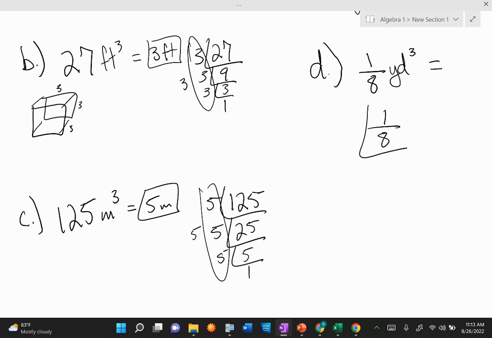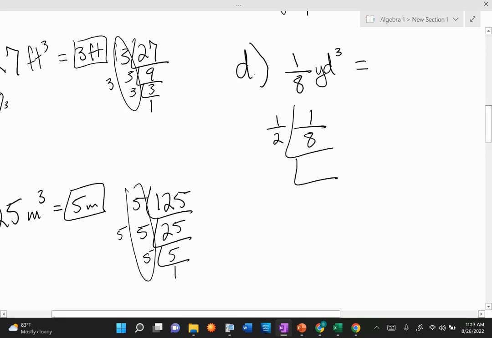So when we're working with fractions, we kind of are multiplying, but actually, mathematically speaking, we're still dividing by fractions. But when you divide by a fraction, your number goes up. Counterintuitive. So what can I divide 1/8 by? A half. 1/8 divided by a half is, let me show you.